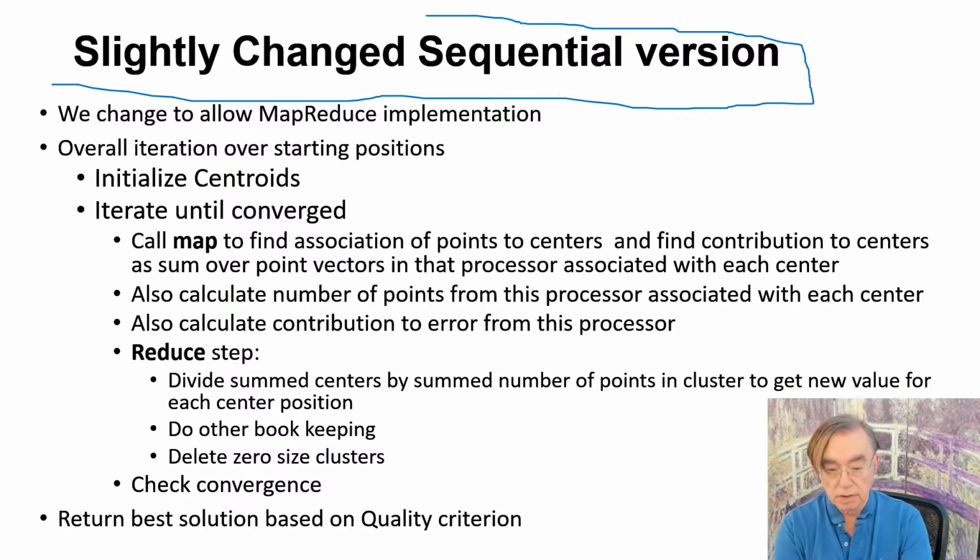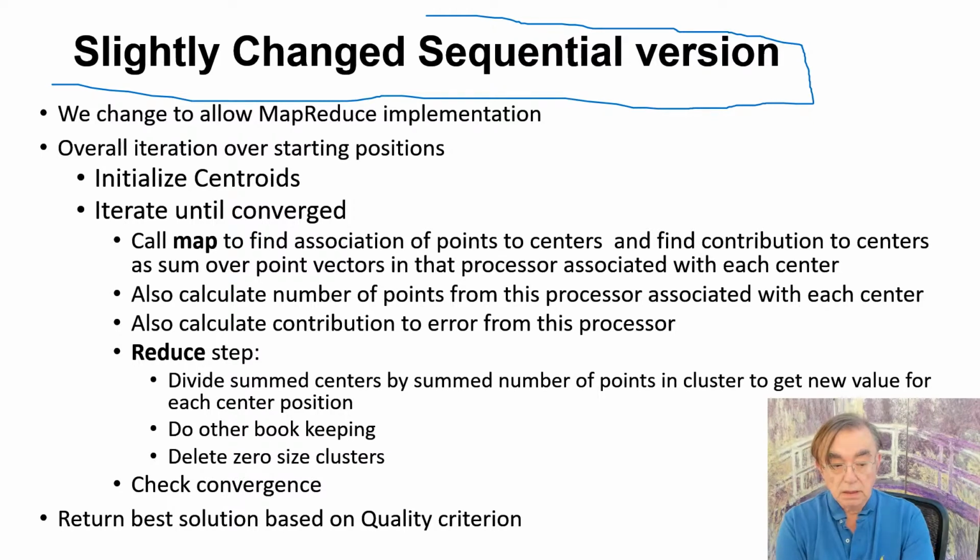Then this sequential code, as long as you write it like that, can easily be parallelized because all we have to do is do several such calculations of the associated points. Doesn't change at all when you parallelize it. The sum over point vectors doesn't change. The sum over number of points doesn't change, and the sum over error doesn't change. All you have to do in parallel is to do these independently for different sets of points and different processors.